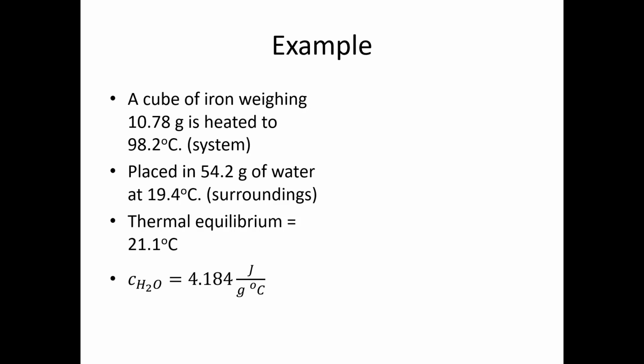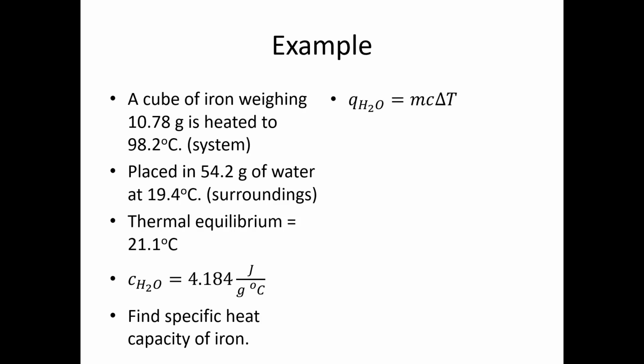That is not the heat capacity of the iron. That's what we're solving for. So our goal is to find that specific heat capacity. So we're going to use Q equals MC delta T for the water. And our Q is going to be mass. So the mass of the water is what?